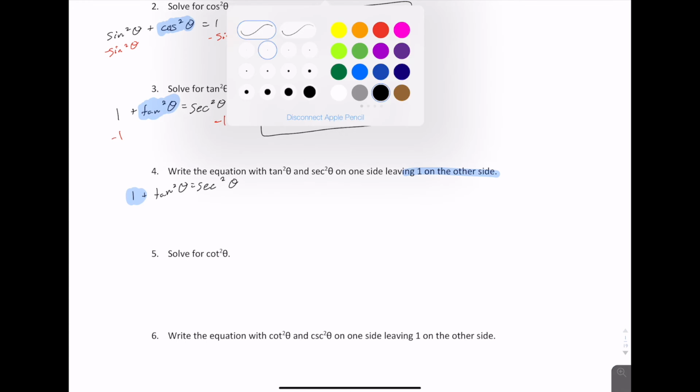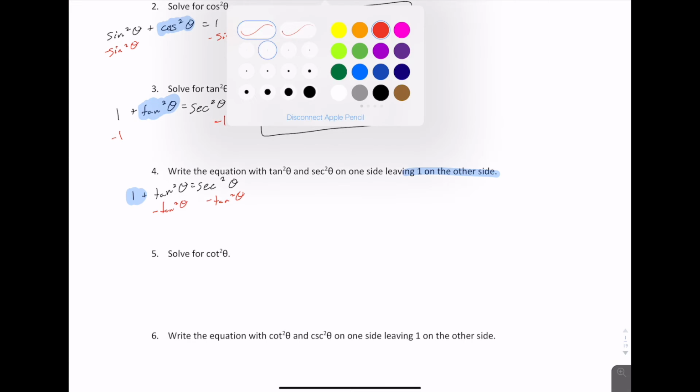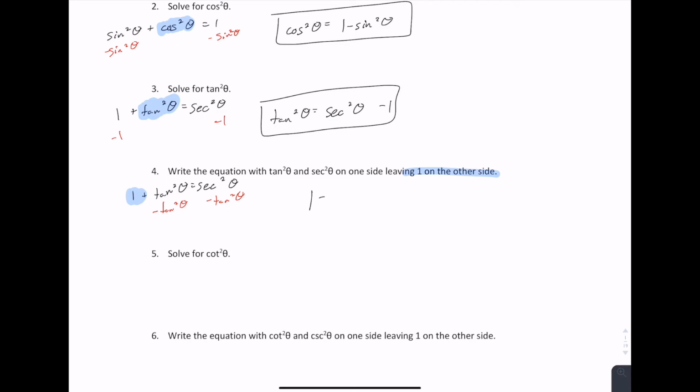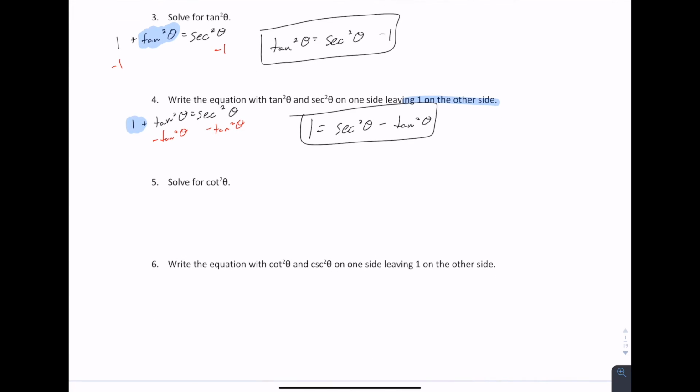So I'm going to subtract tangent squared theta from both sides. So then the answer would be 1 equals secant squared theta minus tangent squared theta. Okay, so now we know that 1 truly equals secant squared minus tangent squared. So that's extremely convenient for later use.